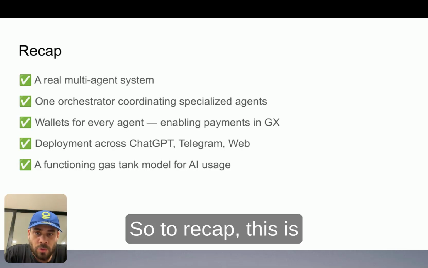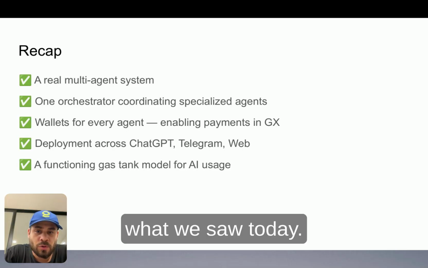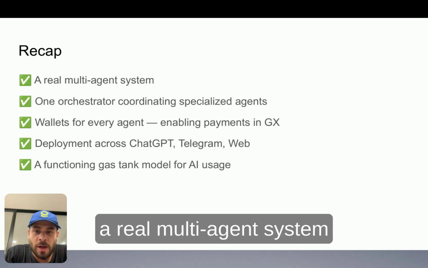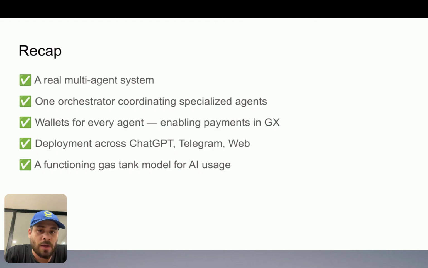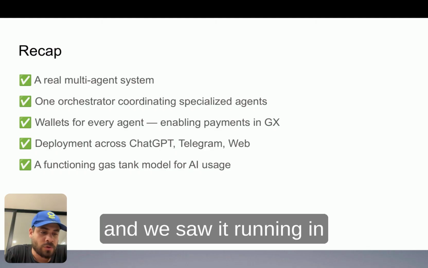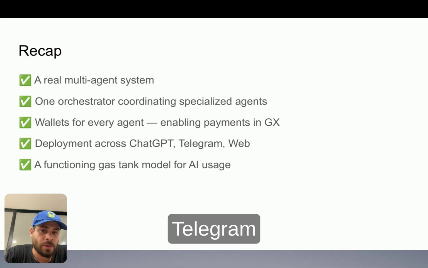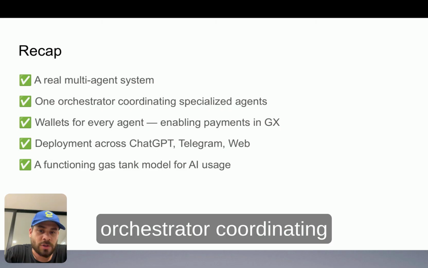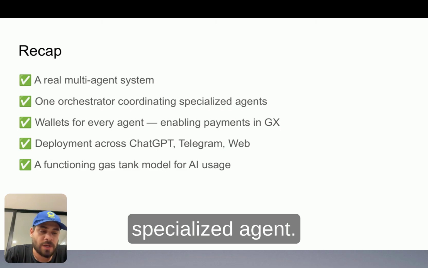Perfect. So to recap, this is what we saw today. First of all, we saw a real multi-agent system running in FlowXO. We saw it running in the web, and we saw it running in Telegram. Then we saw one orchestrator coordinating specialized agents.